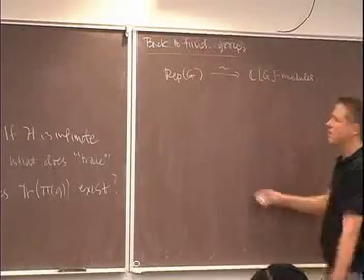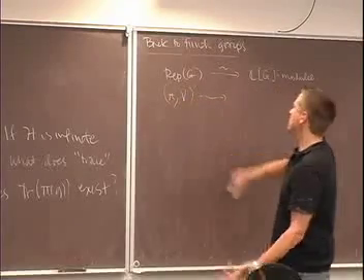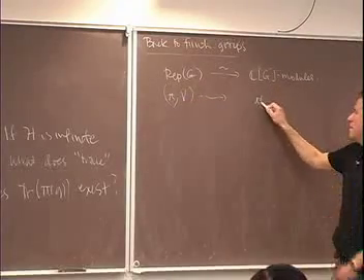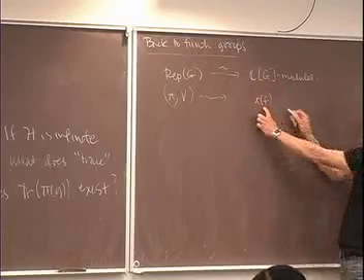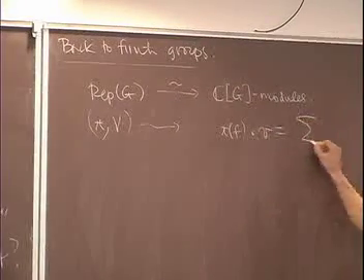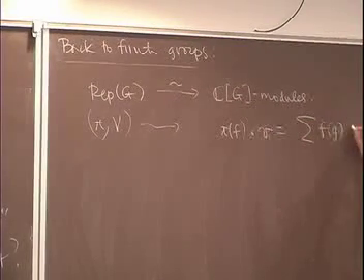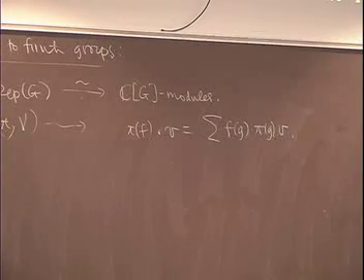For instance, if we have a representation pi on vector space V, that corresponds to the module where the function f in C of G acts on V by just averaging over the group. That's the correspondence on objects in these categories.